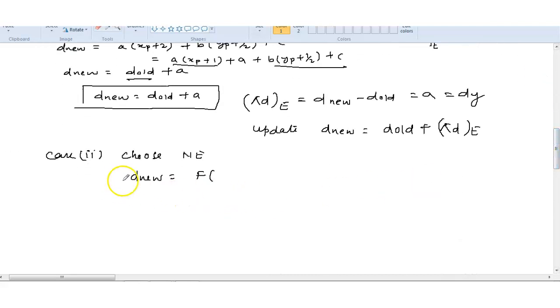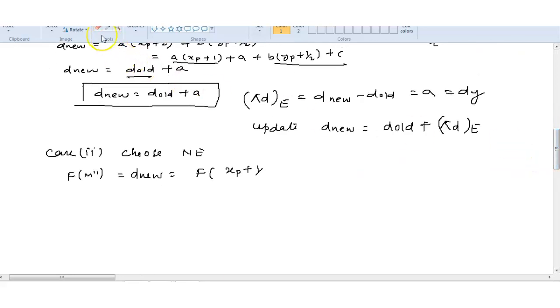So we can write f of m double dash, f of xp plus 2, and the y coordinate will be yp plus 1 by 2 plus 1, which is 3 by 2. If we substitute this coordinate in the equation of a straight line, a into xp plus 2 plus b into yp plus 3 by 2 plus c.